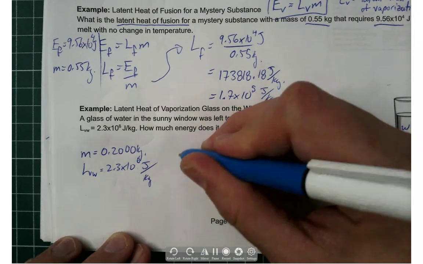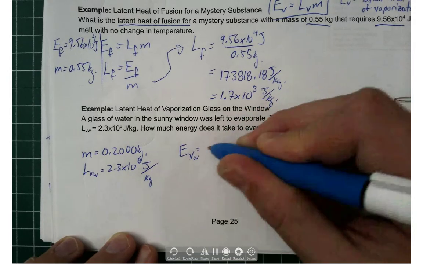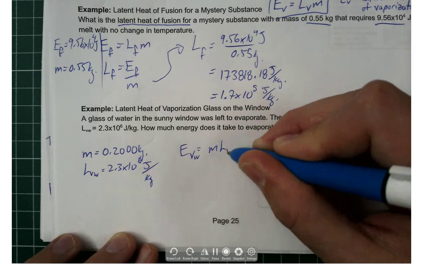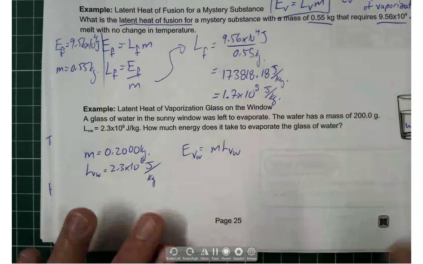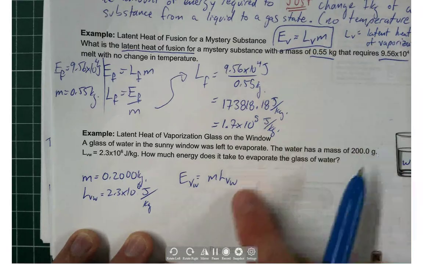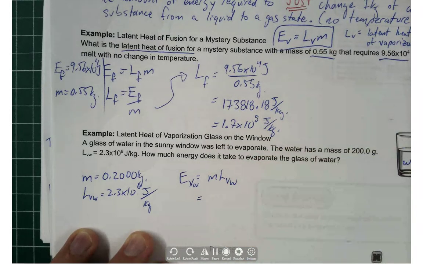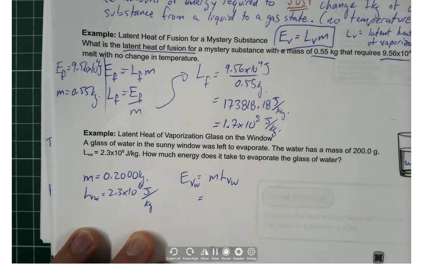And when I go to figure out the energy, the energy of vaporization for this water is equal to LVW times mass. Oh, look at that, I wrote it as mass before LVW. Sorry about that. People like to write the L first. My mistake. That's bad form on my part.